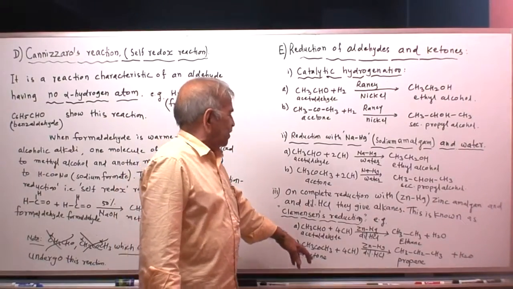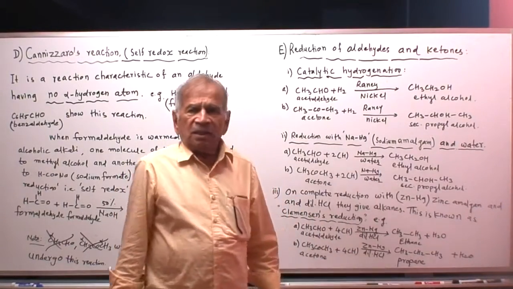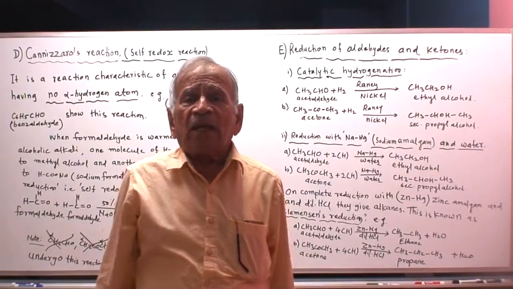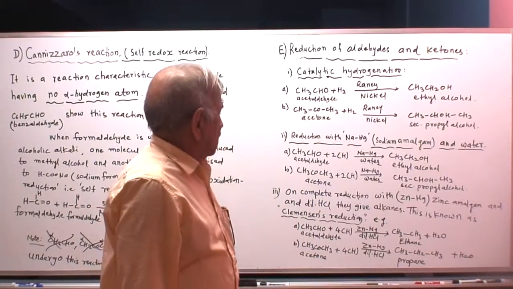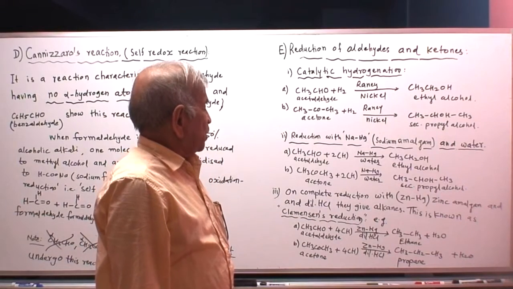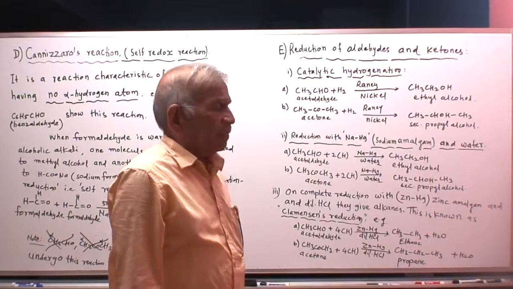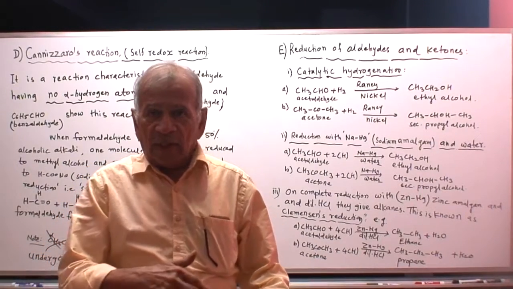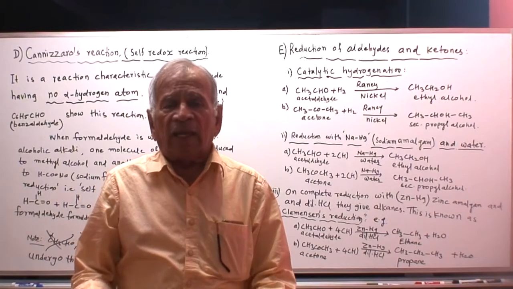Acetone, CH3COCH3 plus 4H. Complete reduction with zinc amalgam and dilute HCl gives CH3CH2CH3, an alkane, namely propane. It's a very important reaction, asked many times.